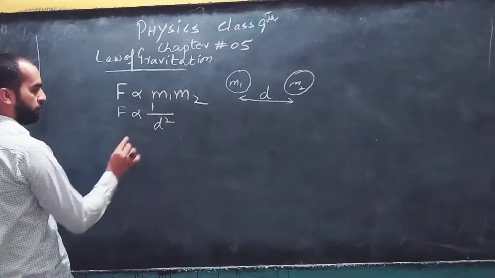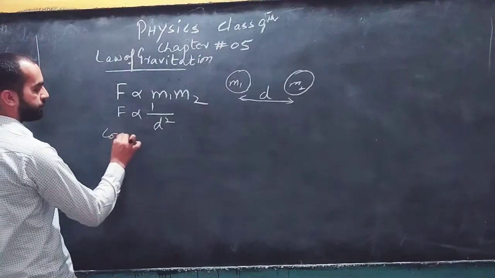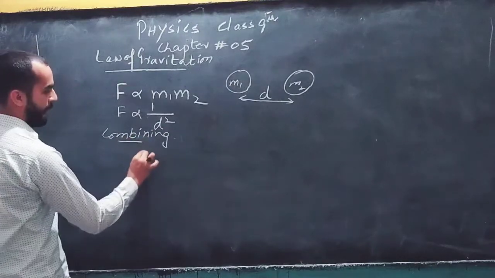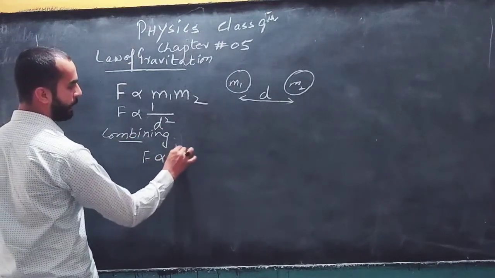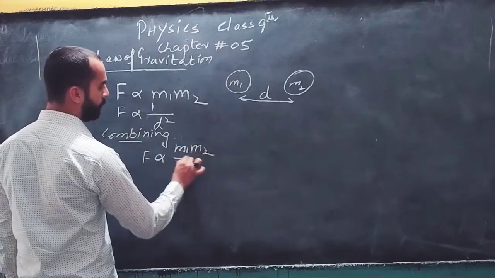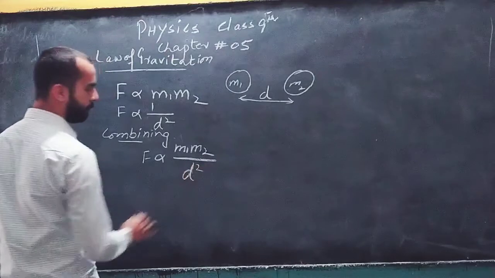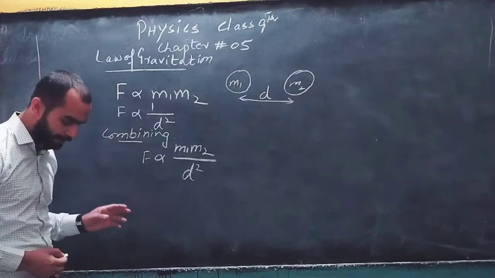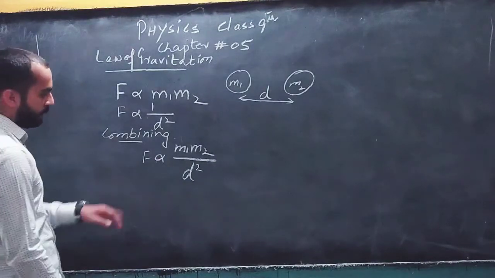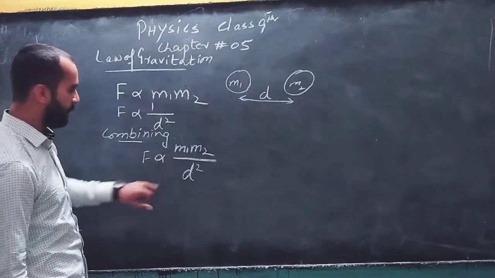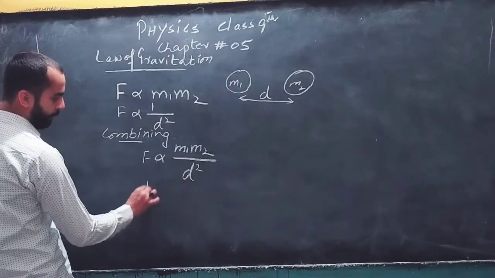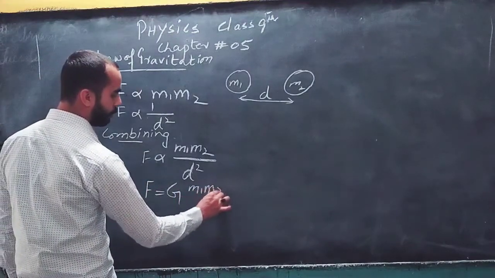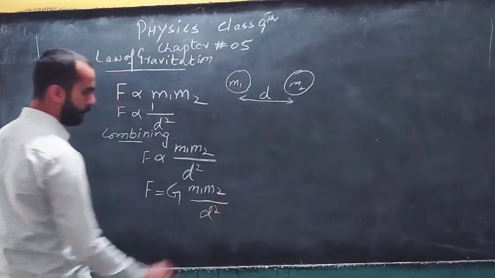So by combining these two relations, F is proportional to m1 m2 over d square. When we exclude the proportionality sign, we have to put a constant value which will give us an equal expression between force and this expression. So we have to write F is equal to G m1 m2 over d square.